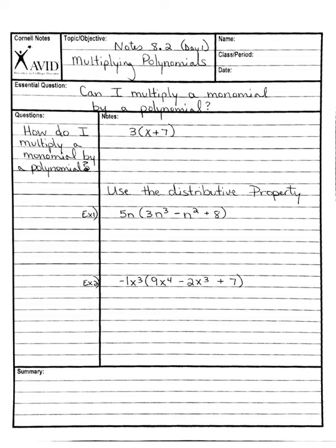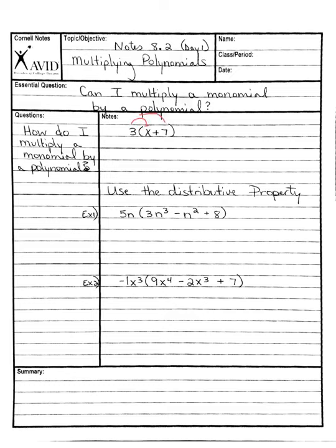Well, this first problem probably looks like a little bit of a review. We have 3, which is a monomial, and we're multiplying it, parentheses means multiply, to everything inside the parentheses, that binomial there. And so we just use the distributive property.